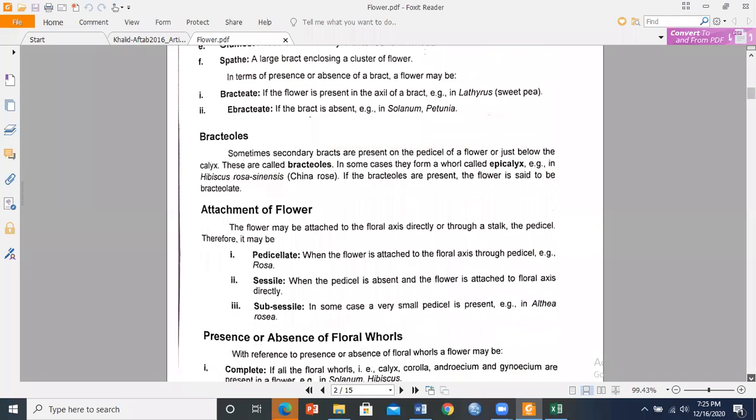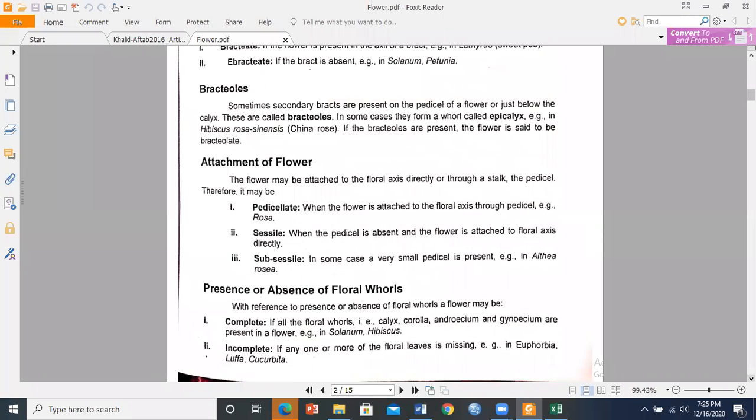On the basis of the attachment of the flower, there are three categories. The stalk, we can say the pedicel. On the basis of the attachment of the flower to the floral axis, we divide it into three groups.